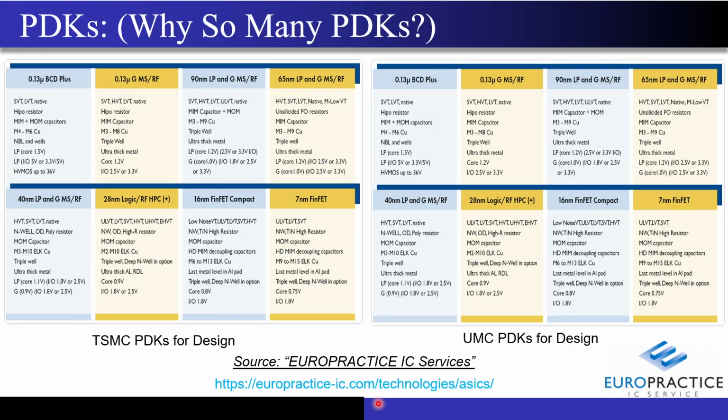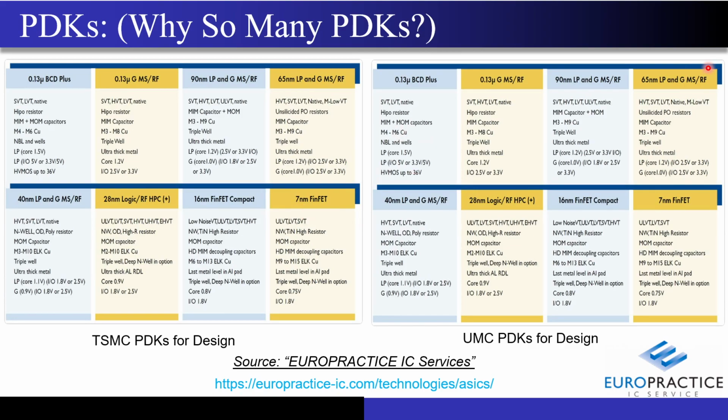Now if you look at this particular website, Europractice IC Services, these will be the different PDKs that they will be giving you. I've just taken two examples: one, the PDKs available from TSMC, and another, the PDKs that are available from the UMC foundry. Right? Now, what you can see over here is that they have technology nodes all the way from 130 nanometer up to, maybe you can call it state of the art, 7 nanometer FinFET.